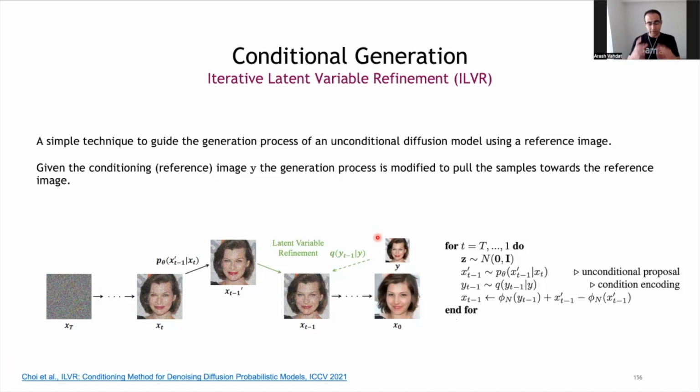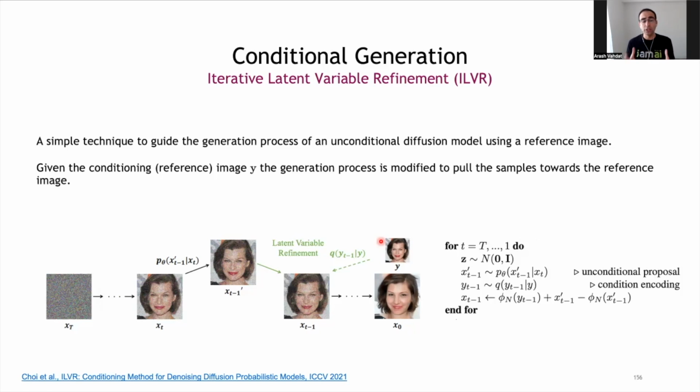So again, we have a reference image and we want to modify the reverse generative SDEs, or the reverse diffusion denoising process, such that we can generate images that correspond to the reference input image. This paper proposes to do this using an unconditional model that is not trained for this specific task.